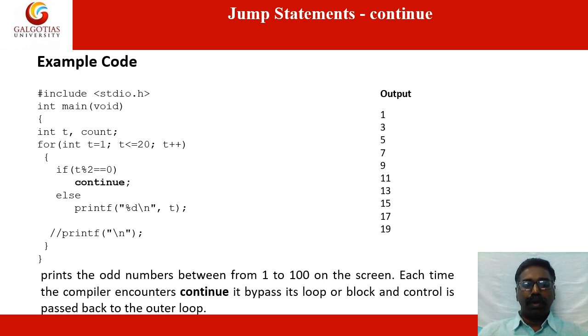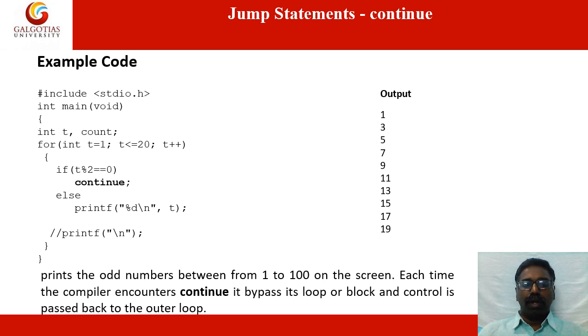First of all, t is equal to 1, and inside the if statement we are checking whether t is even or not by means of t modulo 2 is equal to 0. Now t is equal to 1, so we need to go for the else. Here we are displaying the value. And then it is going to repeat with t equal to 2.